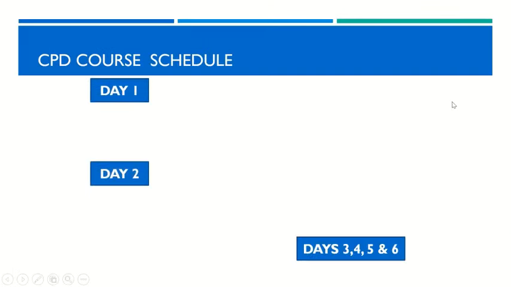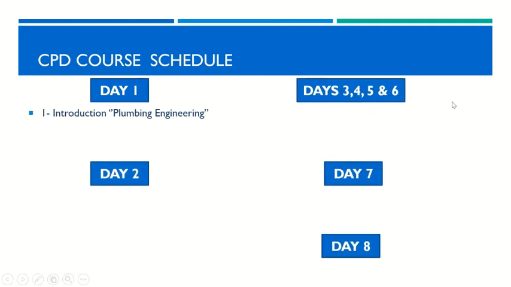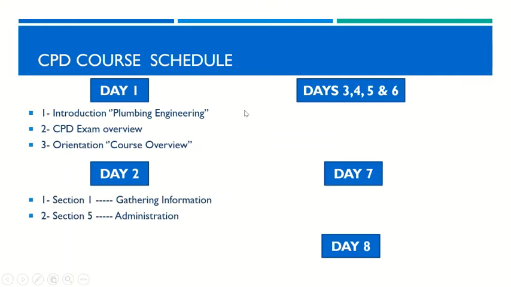So the course schedule for CPD. In day 1, which is today, we'll talk about an introduction to plumbing engineering and the CPD exam overview, and we'll talk about orientation about the overall course. In day 2, we'll take sections 1 and 5 from the CPD review manuals. We'll cover gathering information and administration and some key terminology with a quiz.